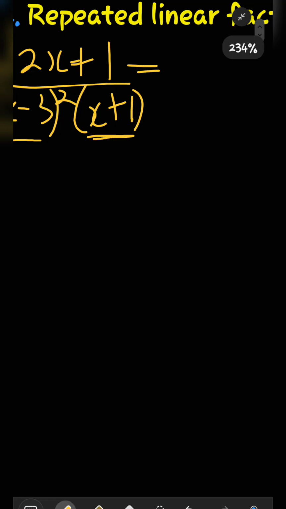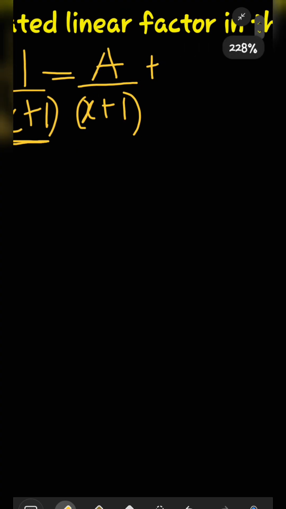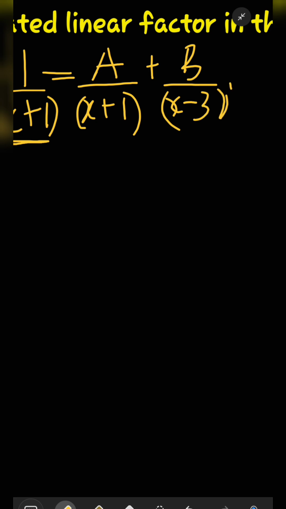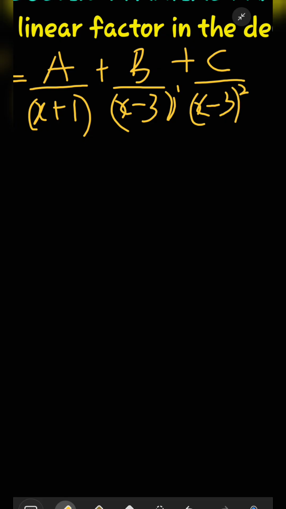Now this is equal to a all over x plus 1, the distinct linear factor, plus, now we go with the repeated linear factor, b all over x minus 3 raised to power 1, then when it is raised to power 2, we have c all over x minus 3 all raised to power 2.